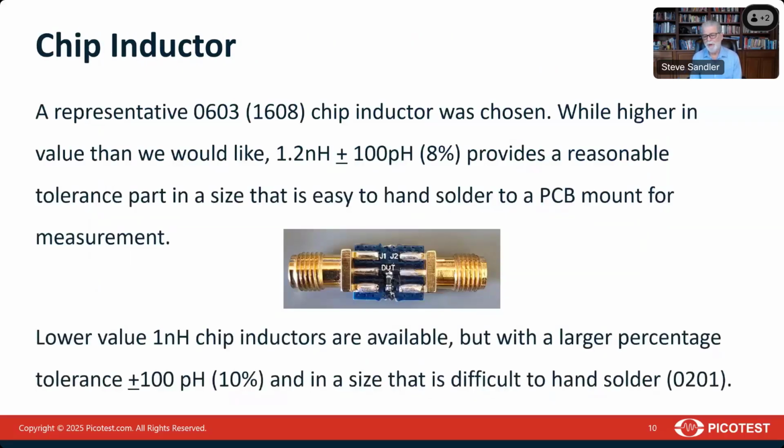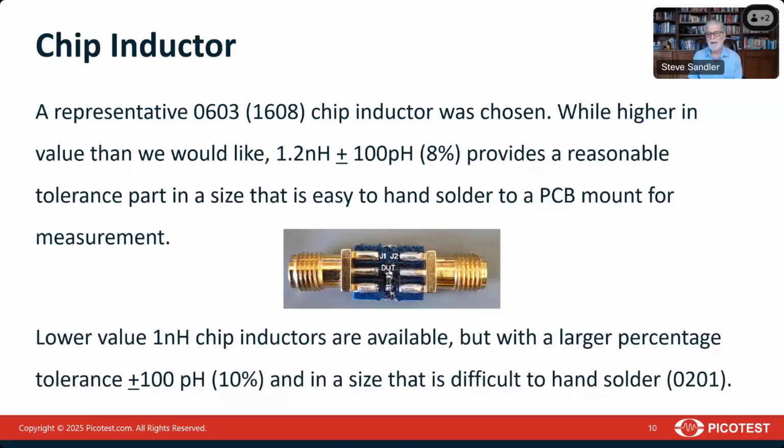If we want to make measurements of devices much lower than that, in this case I chose a 0603 chip inductor. And I chose one that was 1.2 nanohenries, because that was the most precise I could get. It was 1.2 nanohenries plus or minus 100 picohenries, which is an 8% accuracy on the inductance.